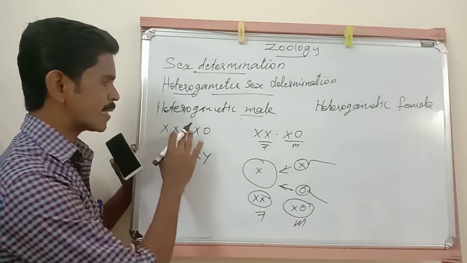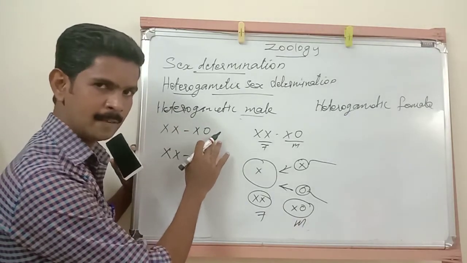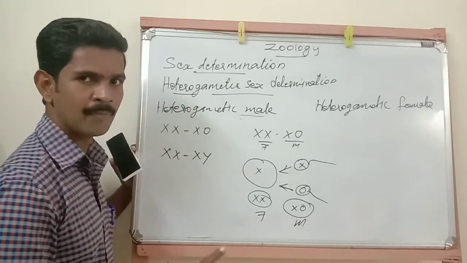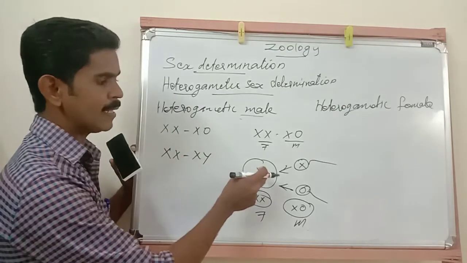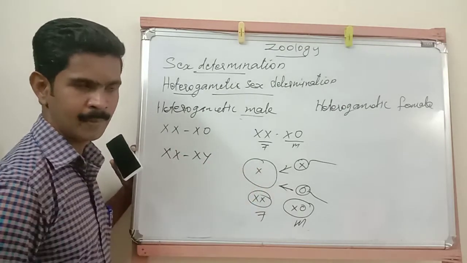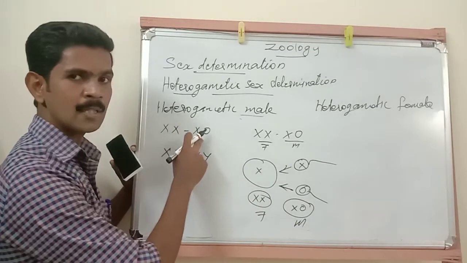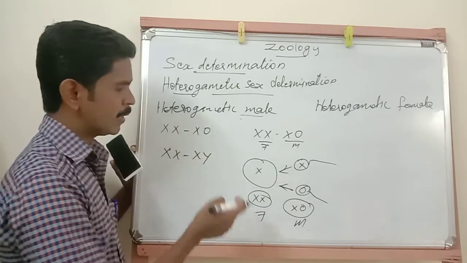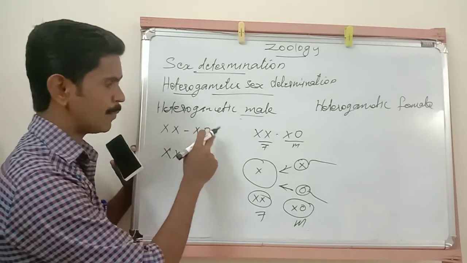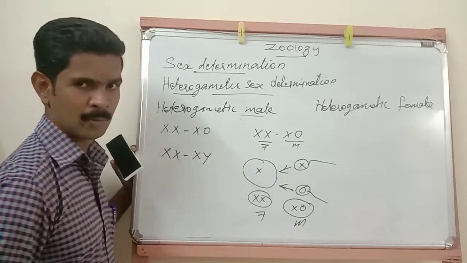So in XX-XO type of sex determination, the female produces only one type of egg. The egg carries one sex chromosome, the X. But the male produces two types of sperms. In one type of sperm, X chromosome is present. In the other sperm, there is no X chromosome.